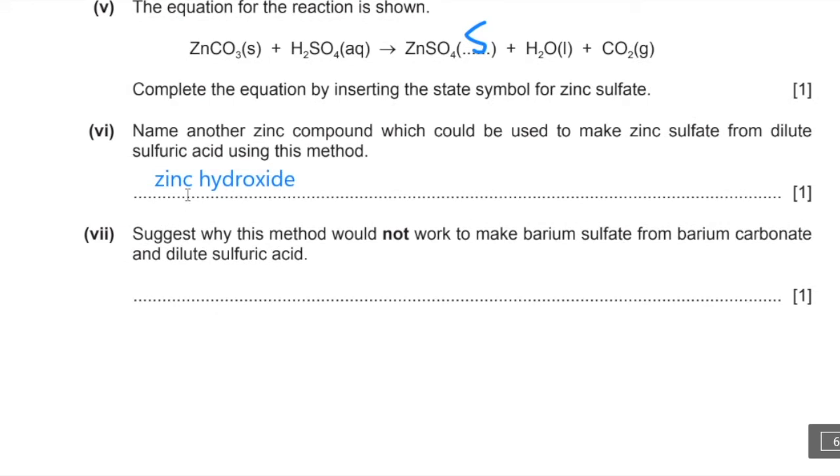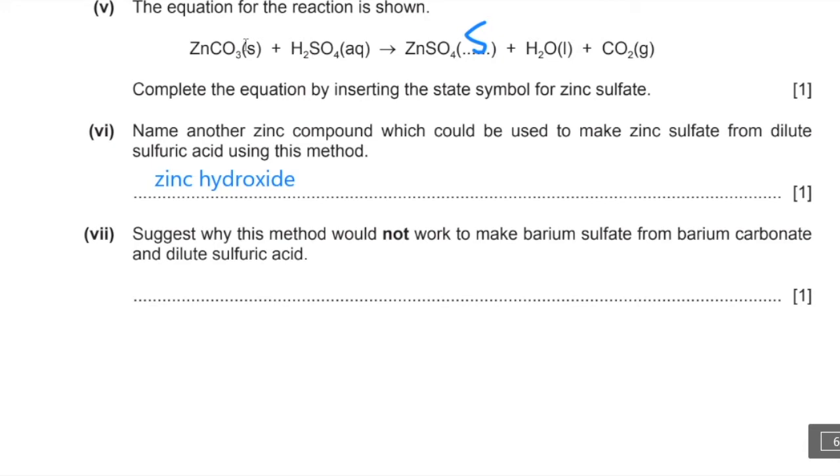7. Suggest why the method would not work to make barium sulfate from barium carbonate and dilute sulfuric acid. Right, barium is a group 2 metal and their sulfates are insoluble, and that means as soon as the initial barium sulfate forms, not all of the acid would be used up, so some of it would remain, because as barium sulfate forms, it would not form separately as a precipitate like zinc sulfate.